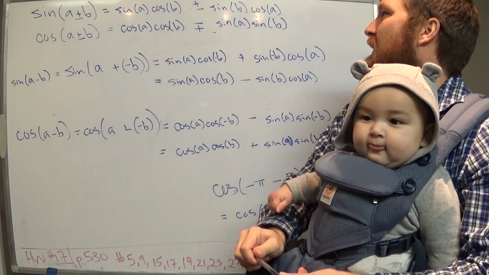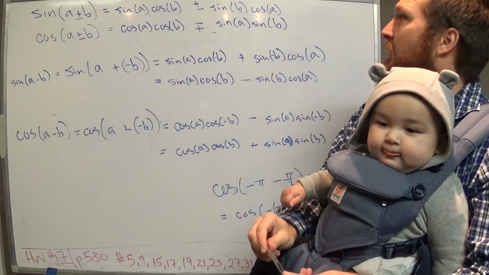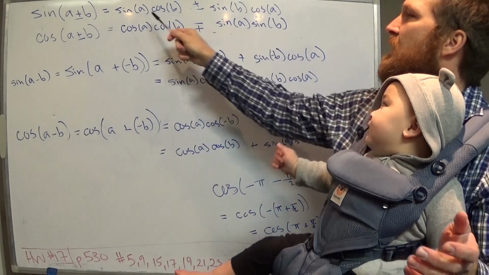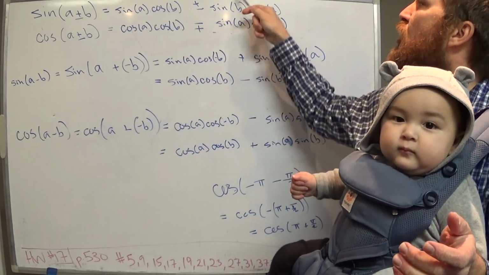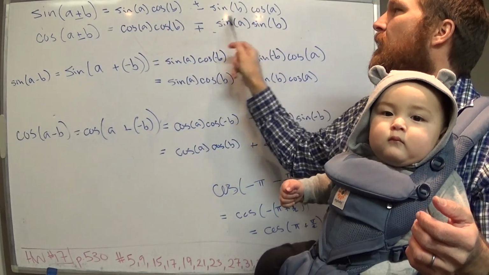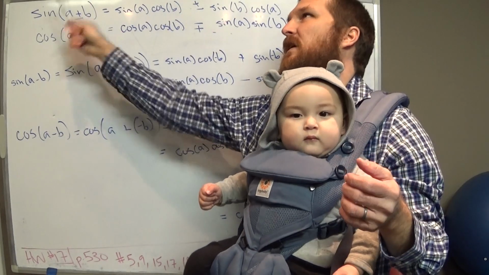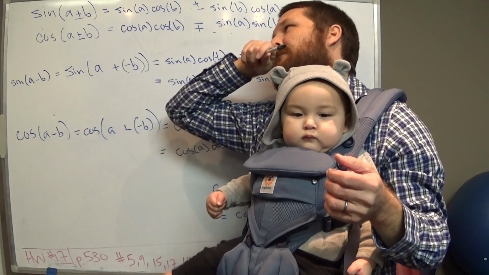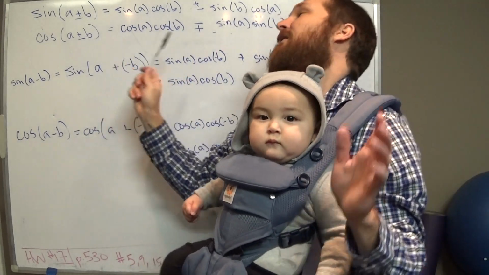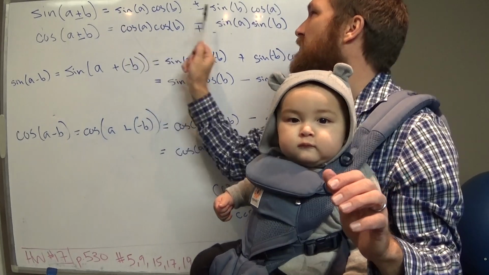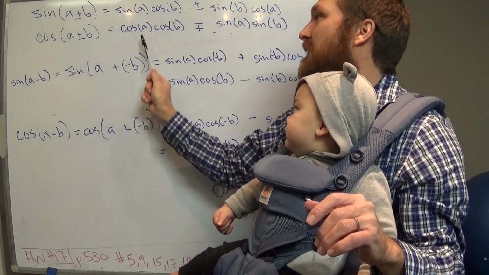And the way that I've done it, you'll often see this as sine A, cos B, cos A, sine B. I prefer to do it this way because it helps me remember that sine is the same, and I know that sine's the one that goes sine, cos. The other one goes cos, sine.